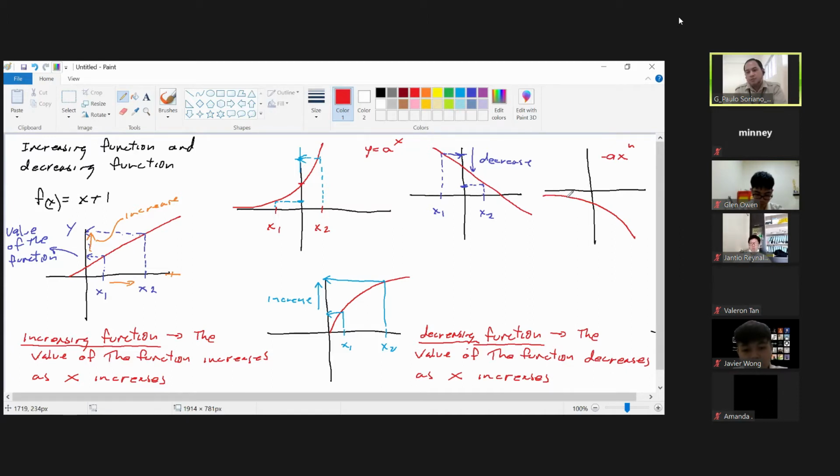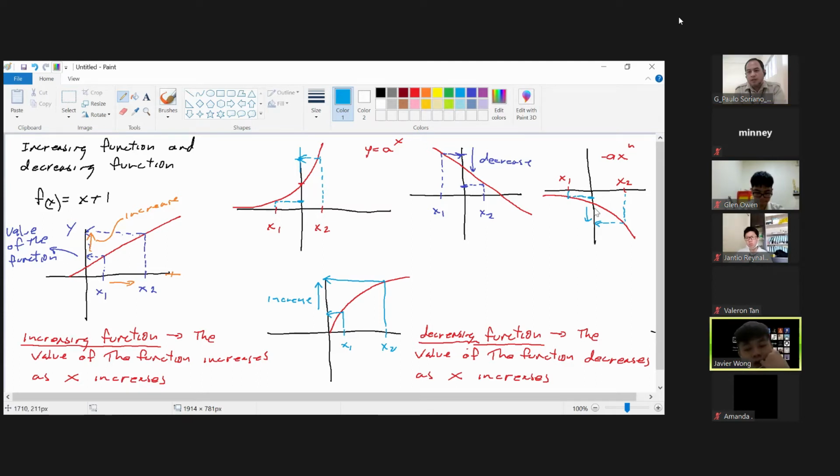Same idea. When x1 is here, and we look at the value of the function at x2, the value of the function still went down. Okay, so are we clear on this?